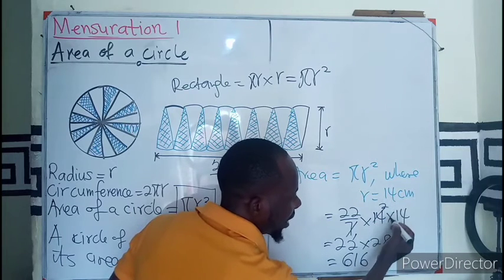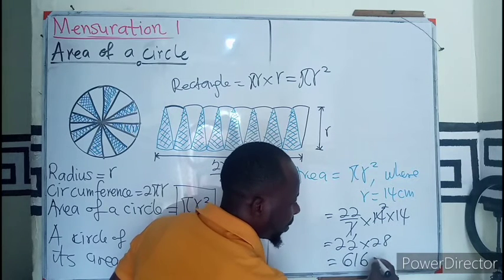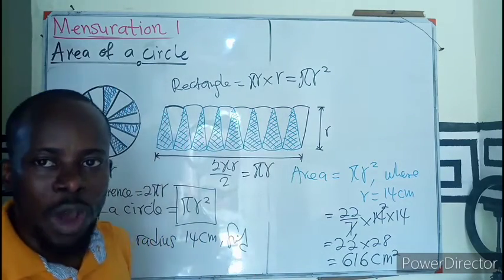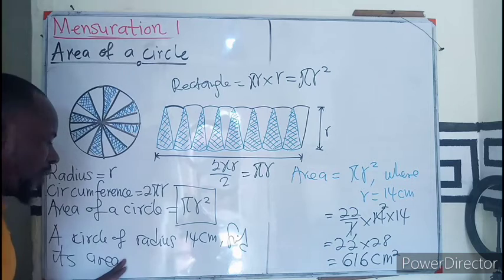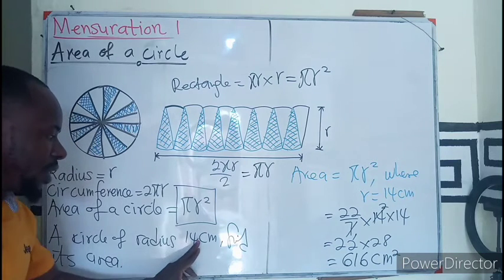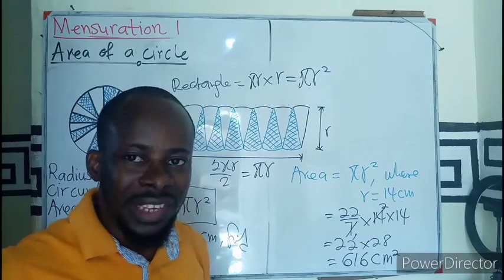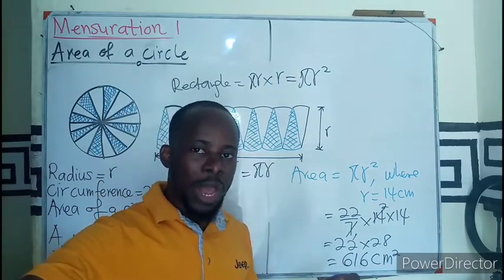Since this is centimeter, centimeter times centimeter gives us centimeter square. Meaning the area of any circle of radius 14 centimeter will give you 616 centimeter square.